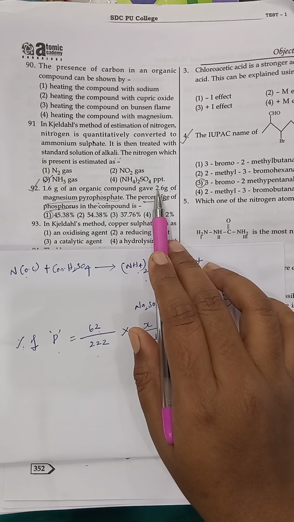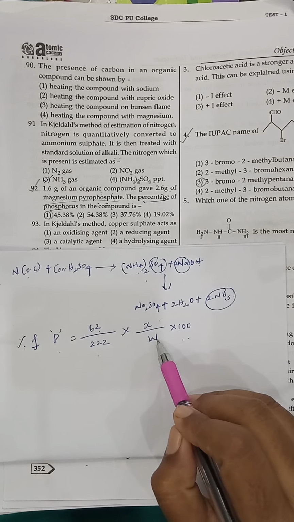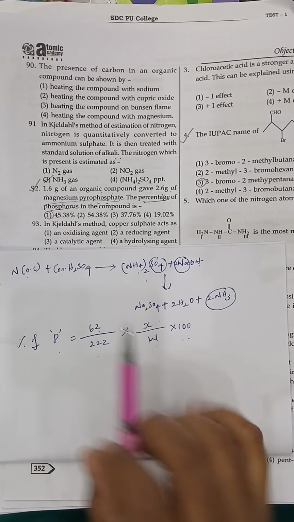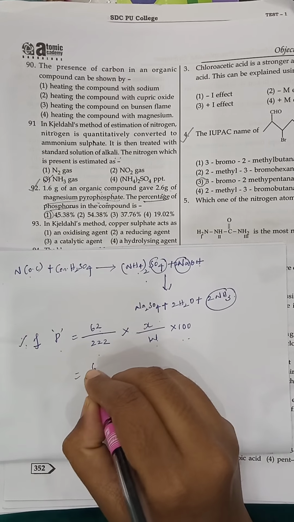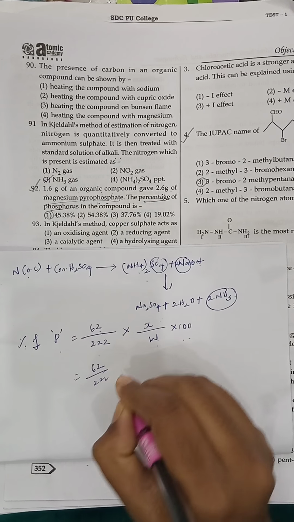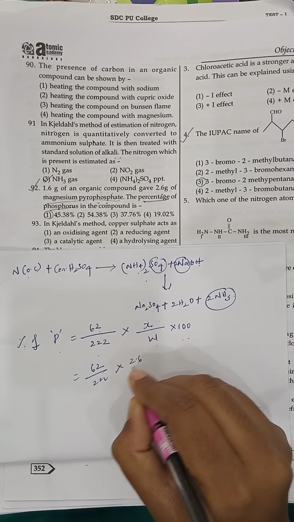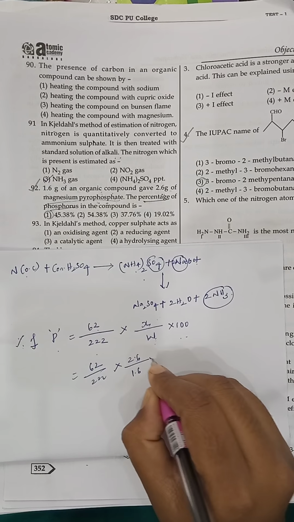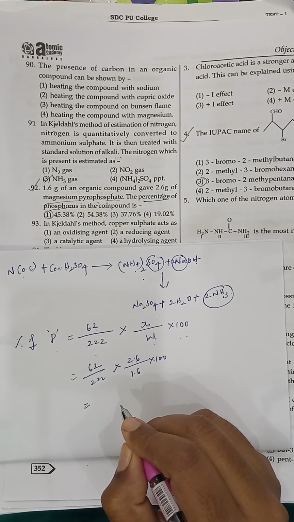This is the amount of magnesium pyrophosphate formed, that is 2.6, divided by the weight of organic compound we have taken, that is 1.6, into 100. Now substitute the values: 62 by 222 into X, which is 2.6, and W, the weight of organic compound given in the problem, 1.6, into 100. After multiplying all this, you will get the percentage of phosphorus.